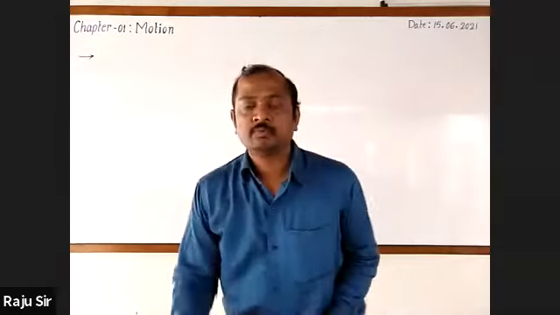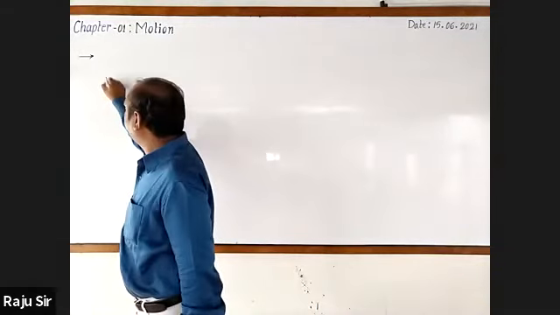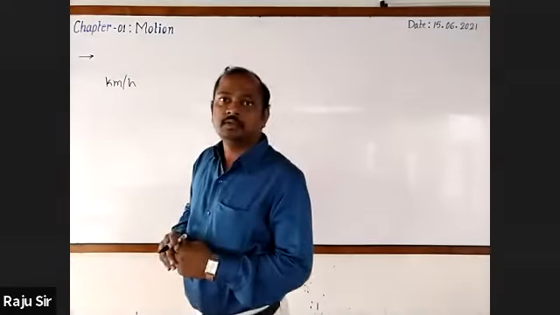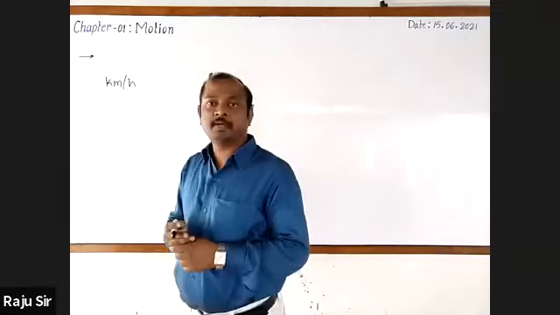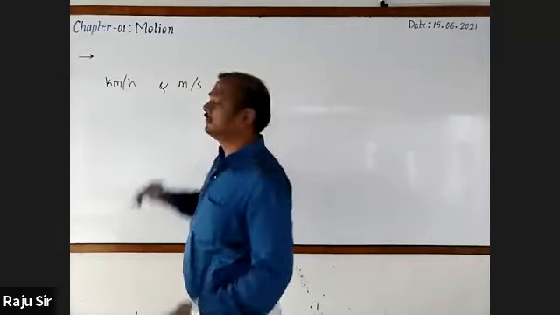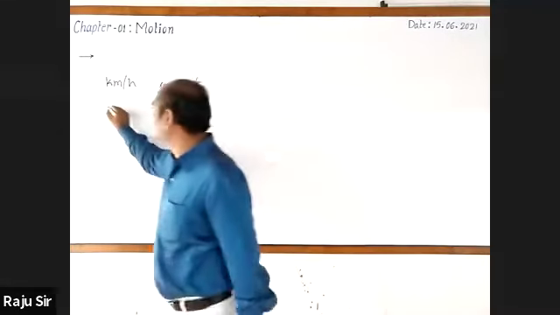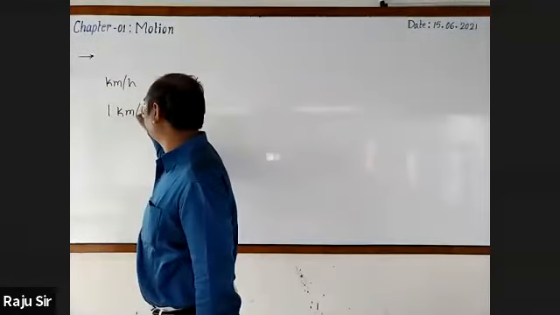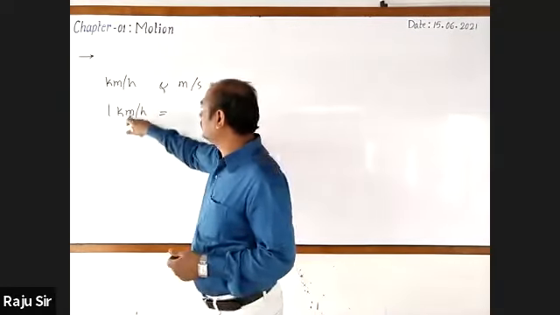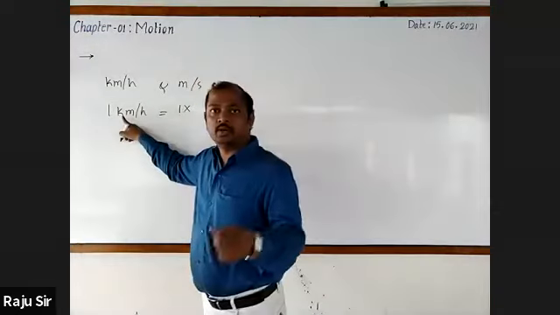Yes, students, we know that the unit of speed or velocity is kilometer per hour, and even meter per second. The relationship between these two can be found out like this. 1 kilometer per hour is equal to, I'm going to convert this kilometer per hour into meter per second, 1 into kilo.